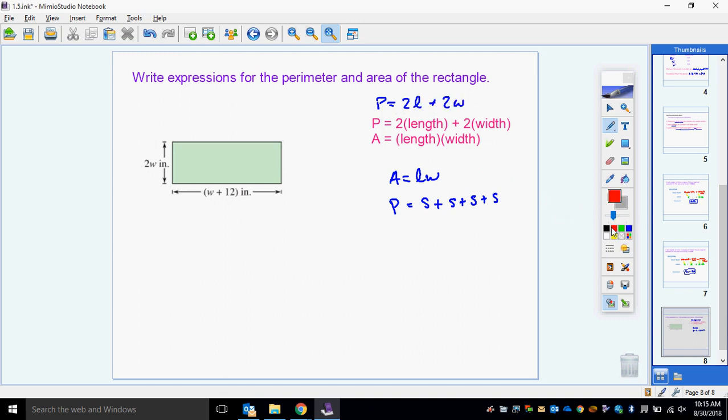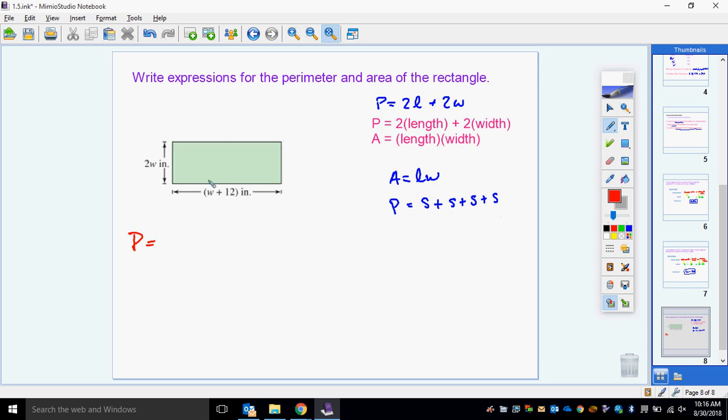Either one would work. So it wants us to write expressions for both perimeter and area. So let's start with perimeter. You can either add up all the sides, or you can do 2 times length plus 2 times width.